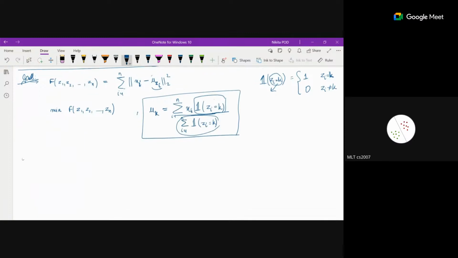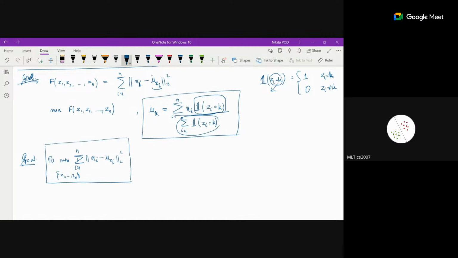My goal was to minimize the sum over xi minus mu zi squared, i varying from 1 to n, and you're minimizing for z1 up to zn, right? So this is the question.